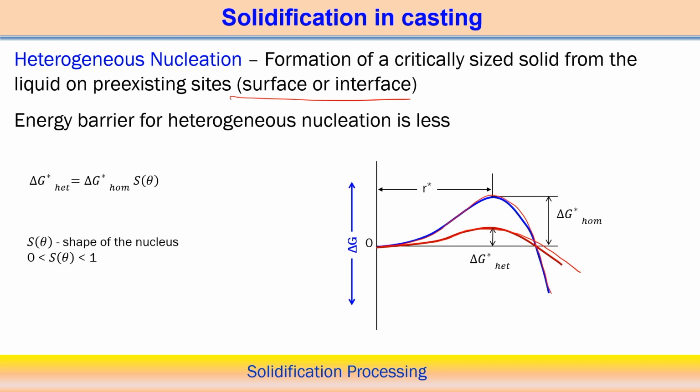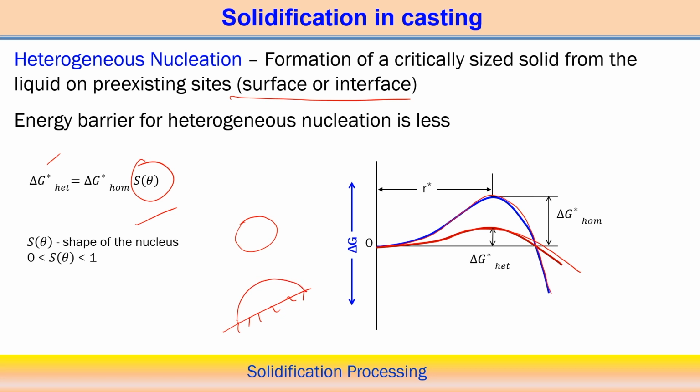We can relate it: the delta G star for heterogeneous nucleation is equal to delta G star homogeneous as a function of S theta, the shape of the nucleus. In homogeneous nucleation we assume a complete spherical particle, but in heterogeneous nucleation, which starts from a pre-existing surface, it may not be a complete sphere, it is a part of the sphere.